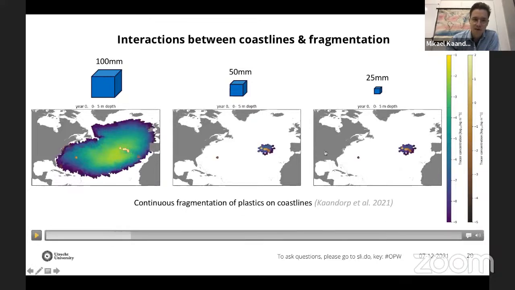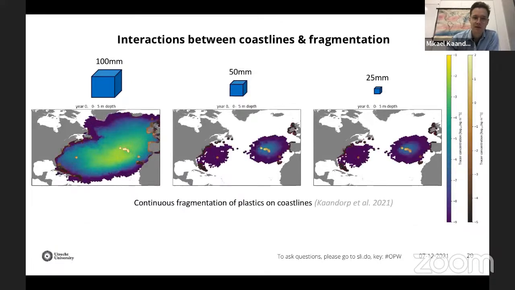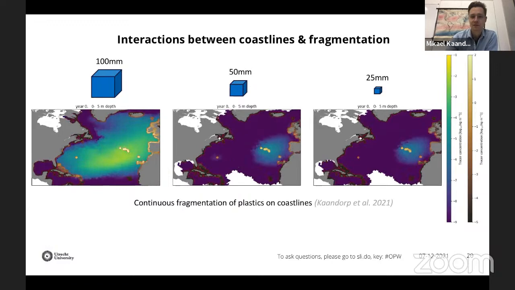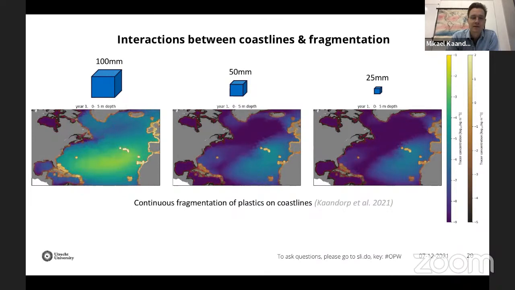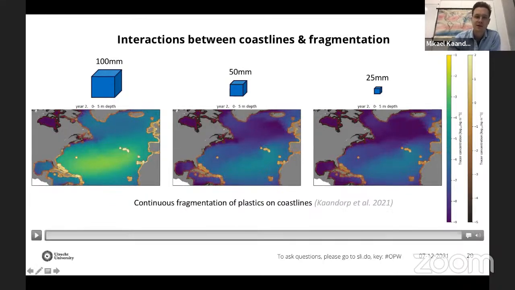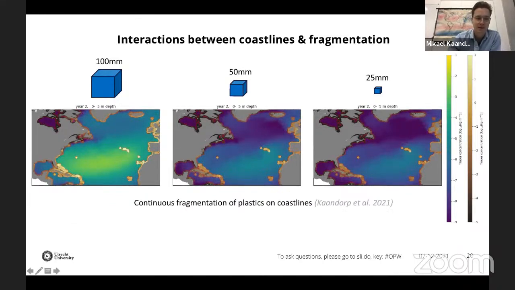And now you will also see that these start resuspending back into the water. It's really nice to see that these beaches start acting as a source of secondary fragmented plastics. And if we run this animation for some time, we also see that these fragments eventually accumulate in the garbage patches in the middle of the Atlantic.